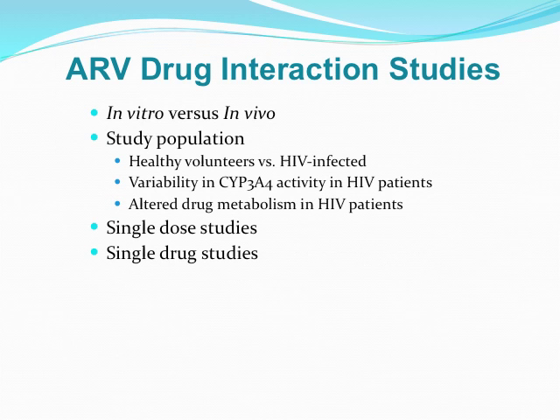Also, in the literature, there's single dose studies looking at PK, and then single drug. But how many of your patients are on a single drug? So it's going to be very difficult because there's different drug interactions, different combinations that can be used, and how do these drugs affect each other.